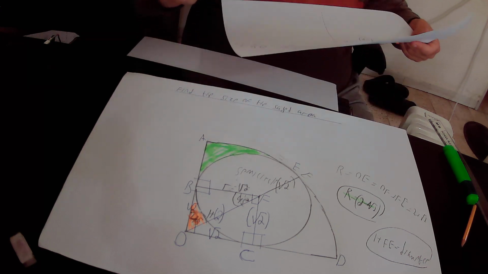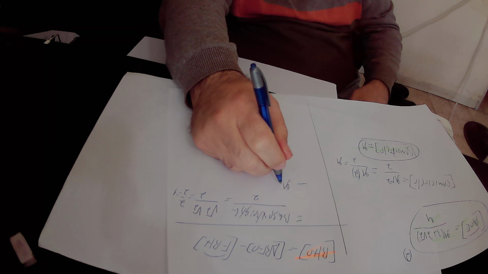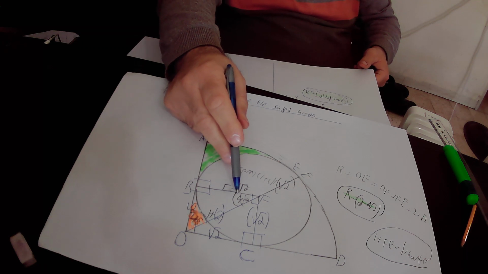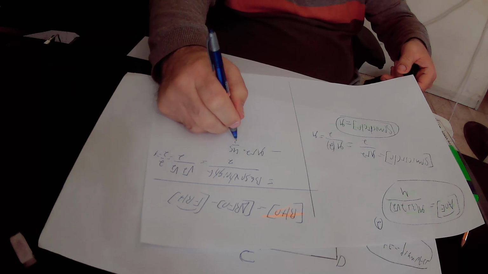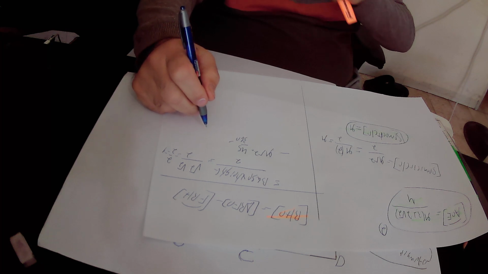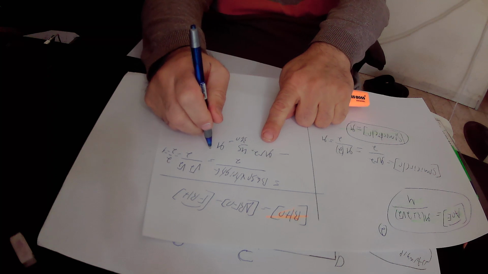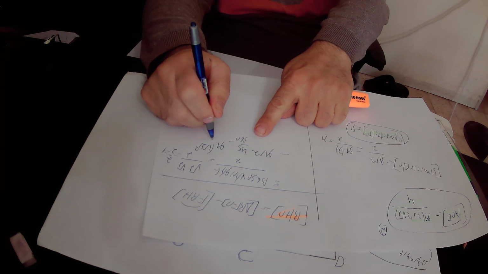The area of any sector equals the area of the circle that contains the sector, that is pi r squared, times the angle between the legs of the sector, that is 45 degrees, over 360 degrees. So it is pi, and r is the square root of 2, therefore r squared is the square root of 2 squared, that is 2. And 45 degrees over 360 degrees is 1 over 8, so we divide by 8.